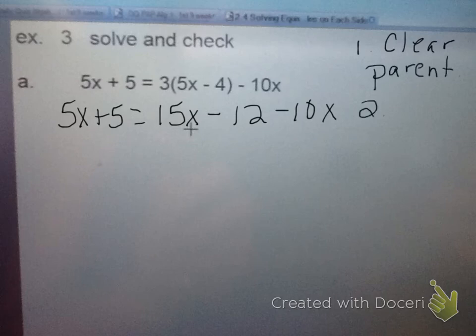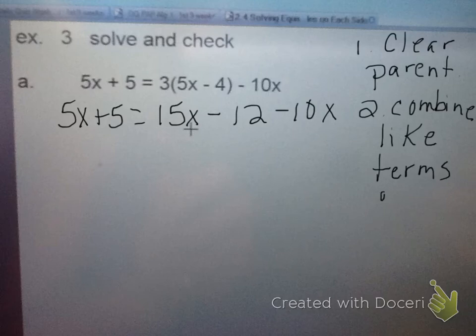Step 2, combine like terms on each side of the equal sign. So look on the left side.